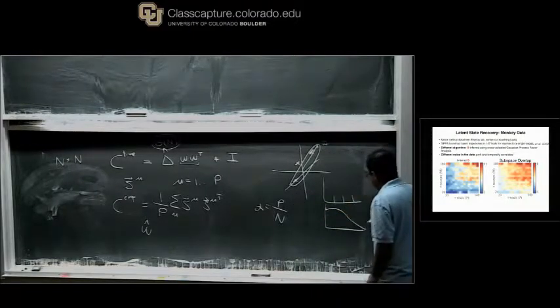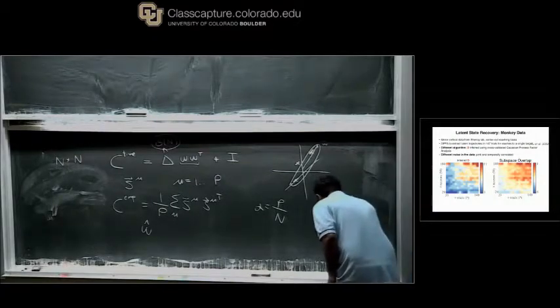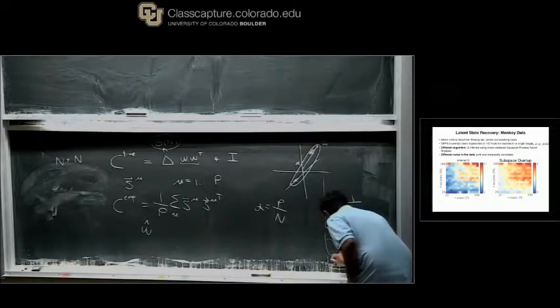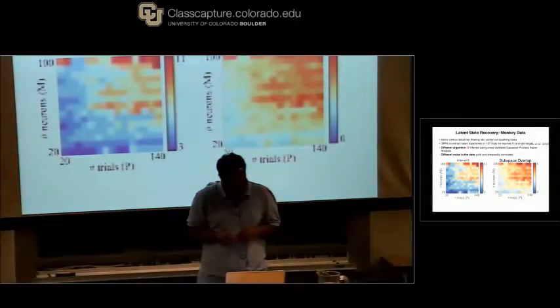If you have very few trials, the Marchenko-Pastur sea will envelop the signal eigenvalues. As you increase the number of trials, you beat down the Marchenko-Pastur sea, and then maybe the biggest eigenvalue pops out, but the other 2 eigenvalues are hidden. As you take more data, you beat down the sea further, and maybe the second one pops out. That's the picture. It's a sequence of BBP transitions if you have multiple eigenvalues that are large in the true covariance matrix. Okay. Those pictures are not to scale, and the geometry is all wrong, but the idea is there.